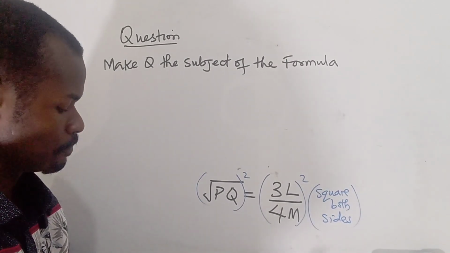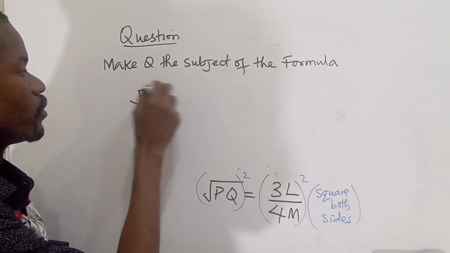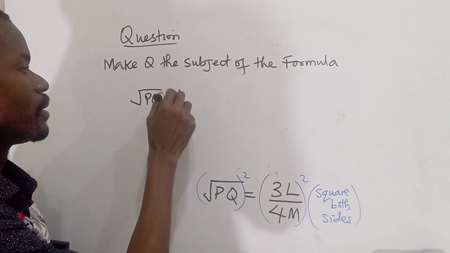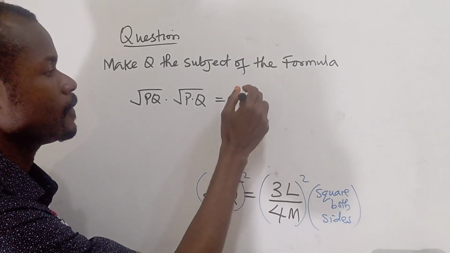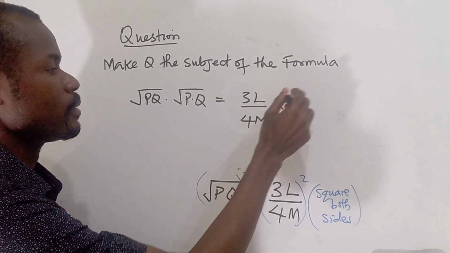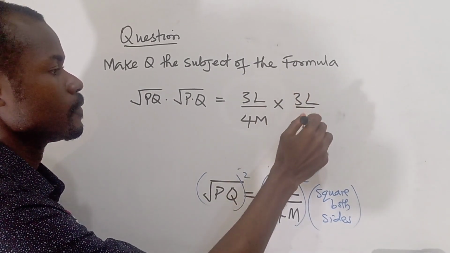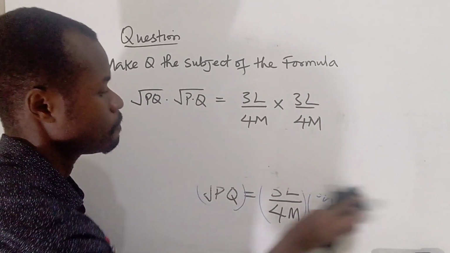Squaring this side means I can say square root PQ multiplied by square root PQ, which is equal to 3L over 4M multiplied by 3L over 4M.